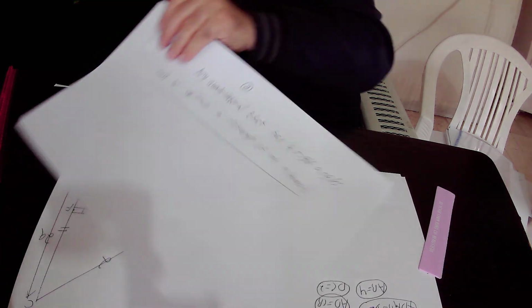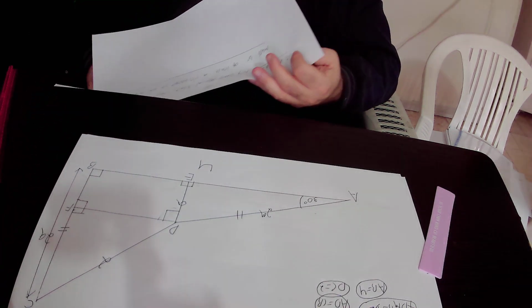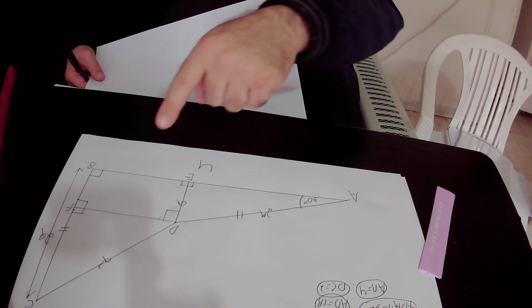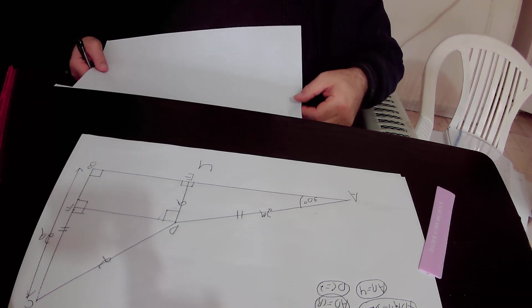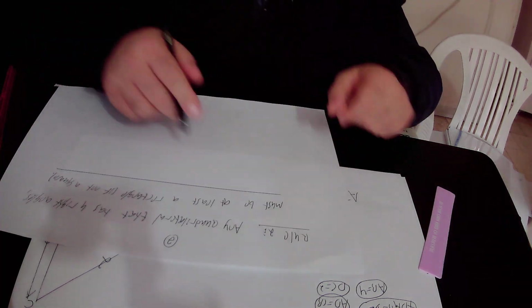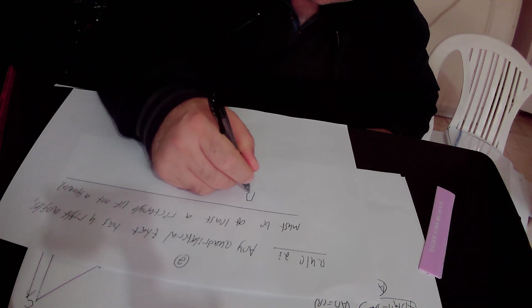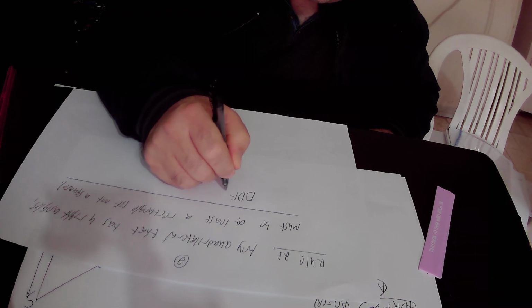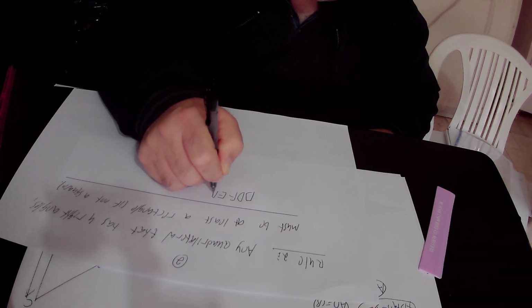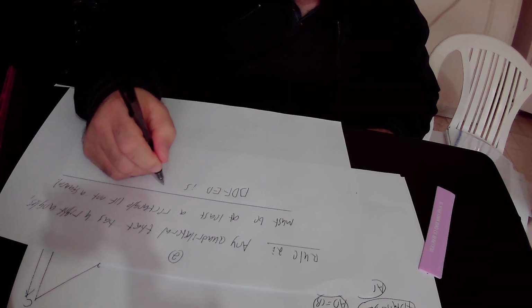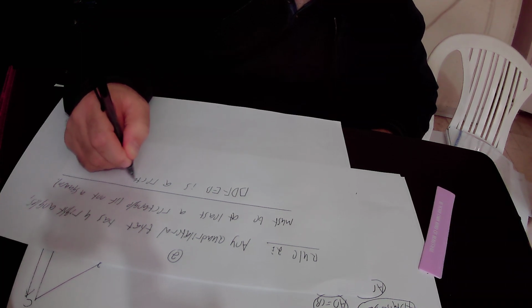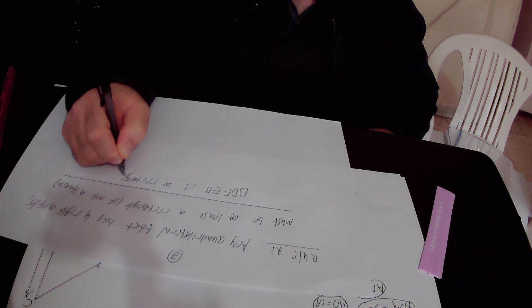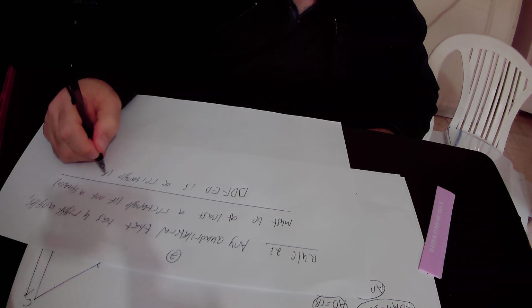So therefore, according to rule number 2, quadrilateral DFEB is a rectangle.